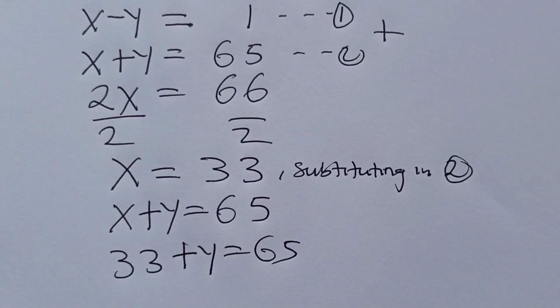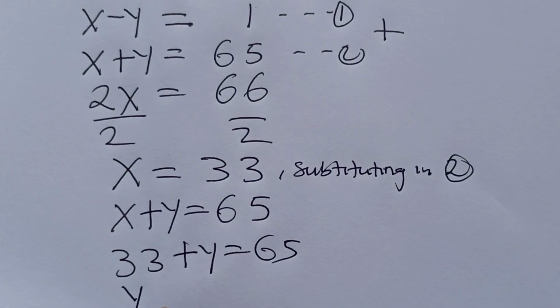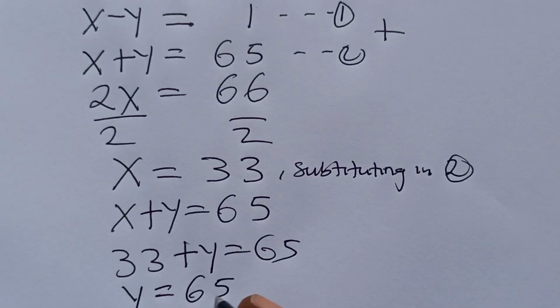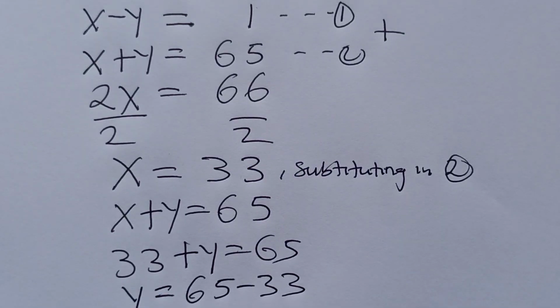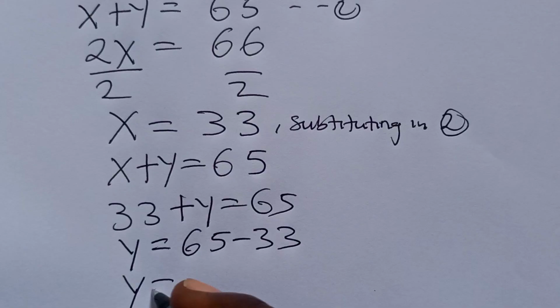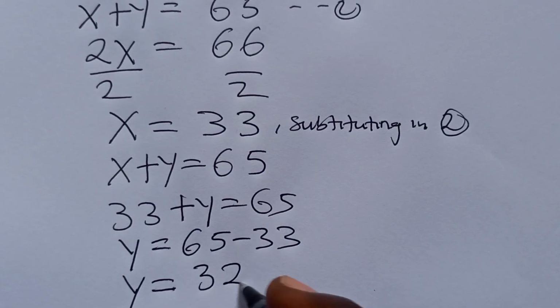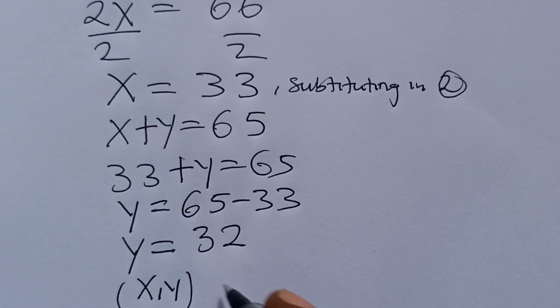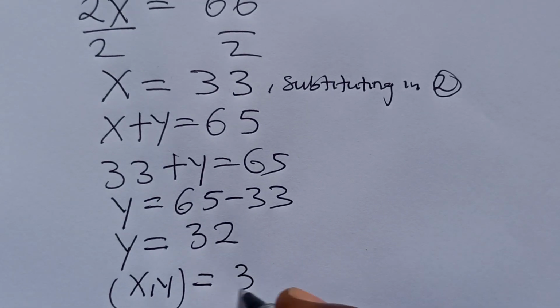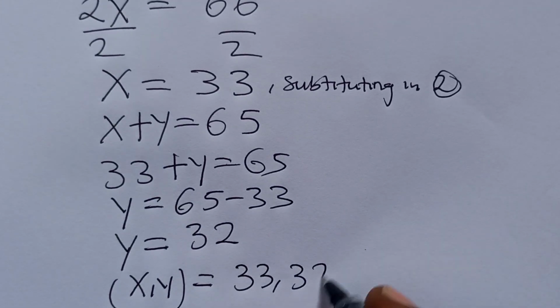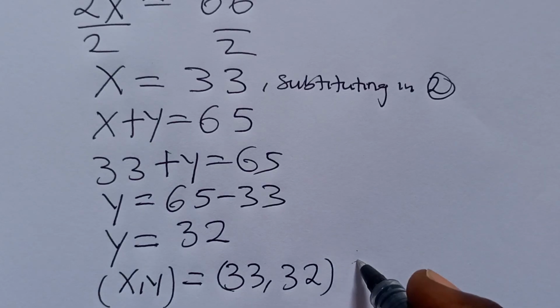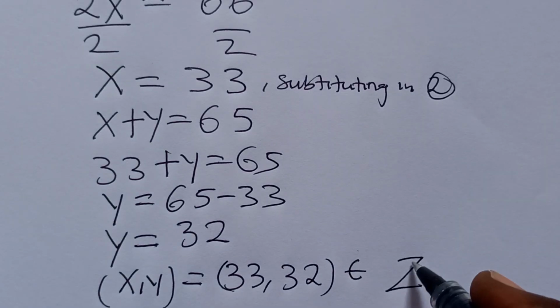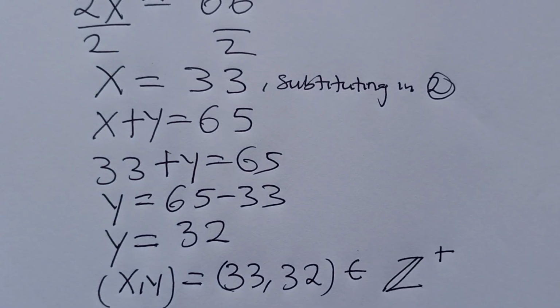So making y the subject, we're going to have 65 minus 33, and y is equal to 32, which implies for case 1, our x and y values are 33 and 32. And both of these are members of positive integers.